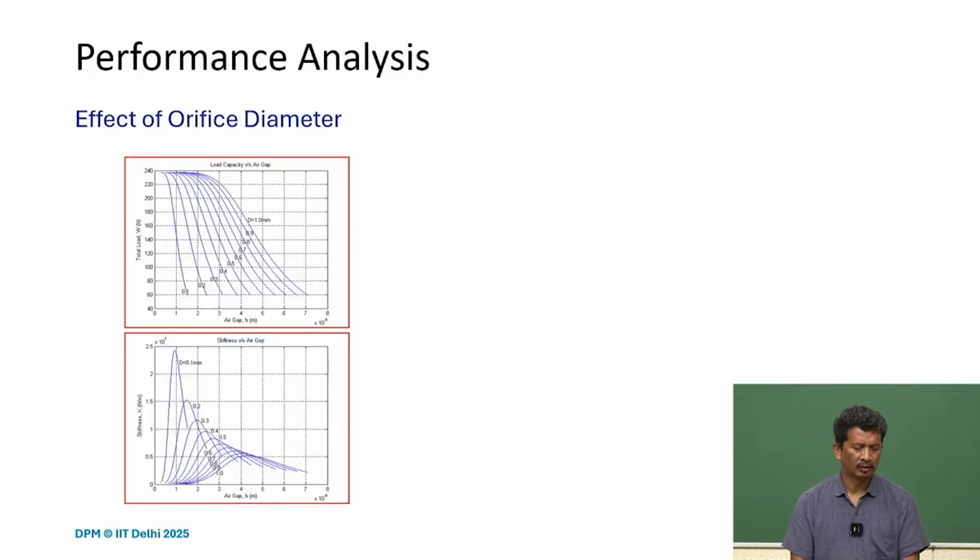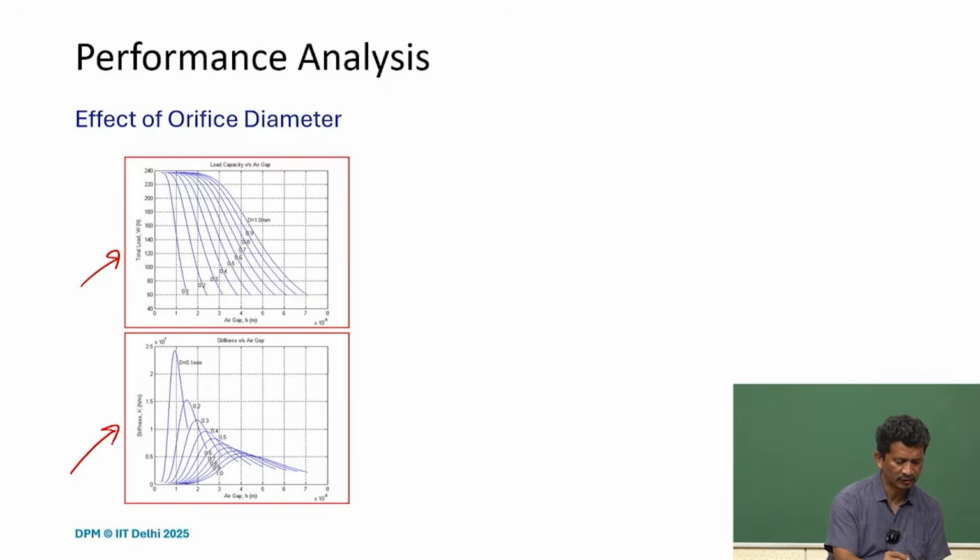Once it's set and we have the mathematical model, the good thing is we can vary different parameters and see the effect of those parameters. Particularly in this case, what we are looking at is the load, and this is the stiffness.